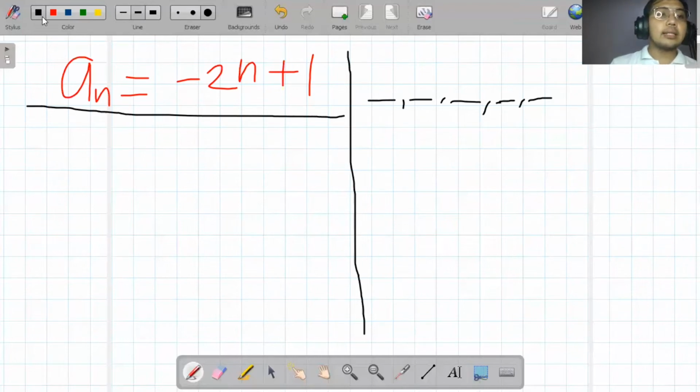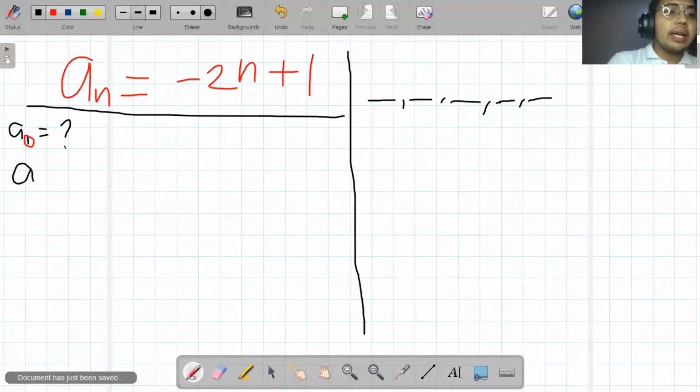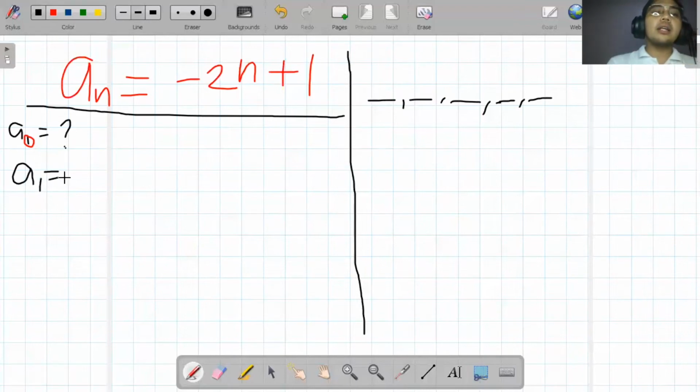So, let us start with a sub 1. So, a sub 1 is what I will look for. What is my answer? So, in the formula, the nth term given, you substitute. The 1 in a sub 1, that subscript, replaces n in the given formula. So, a sub 1 equals negative 2n, negative 2, plus 1.